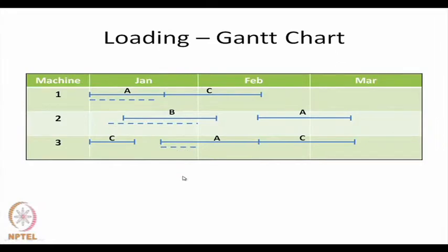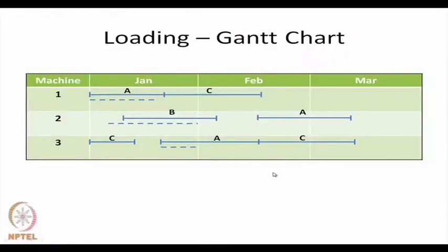Once again, this chart and the order control chart together are very, very useful techniques, and normally if you go to a company, you will see that such charts are put on the walls in the shop floor for everybody to see, and every day, or at least at the end of every week, the chart is updated.